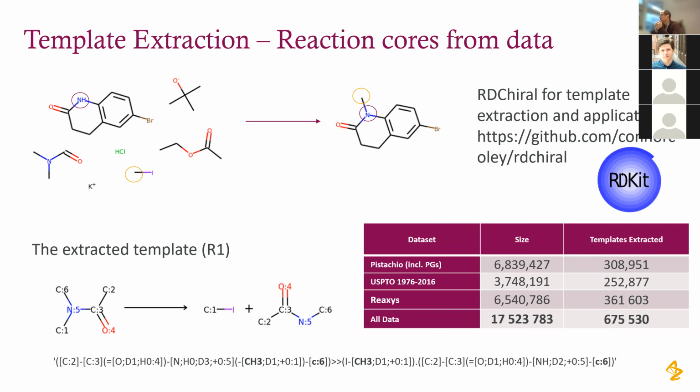And we can use that information to extract this area and its nearest surrounding into a general template that could be applied, even though the rest of the molecule would look a bit different. So there is a tool for that called RDChiral.